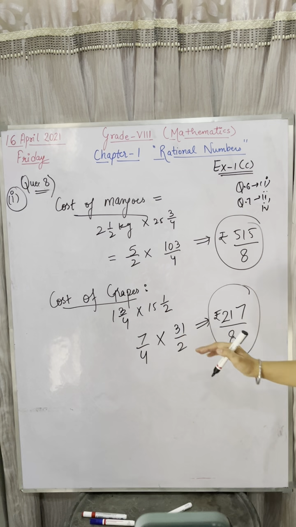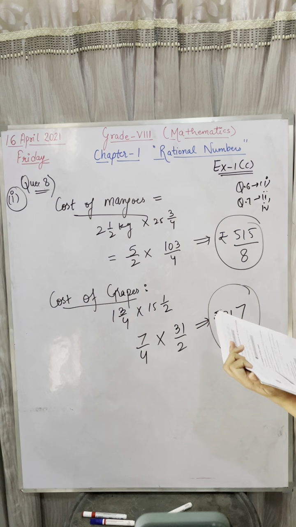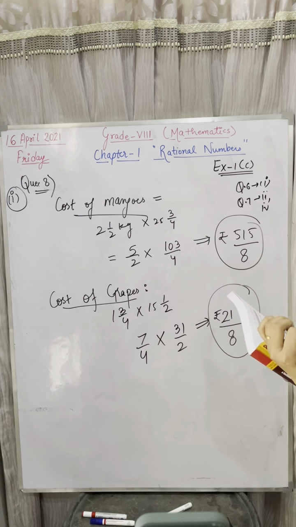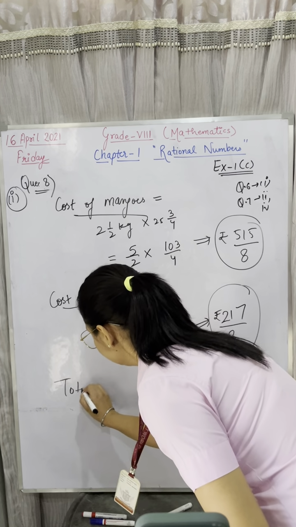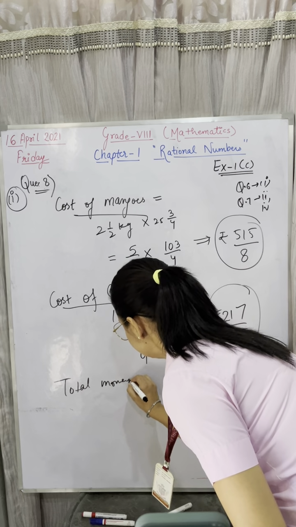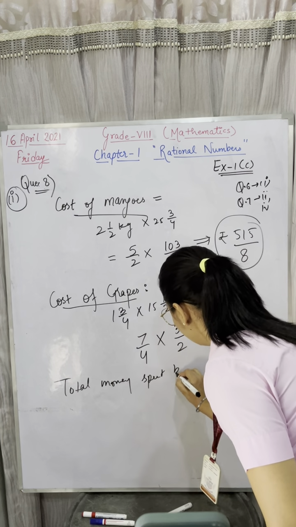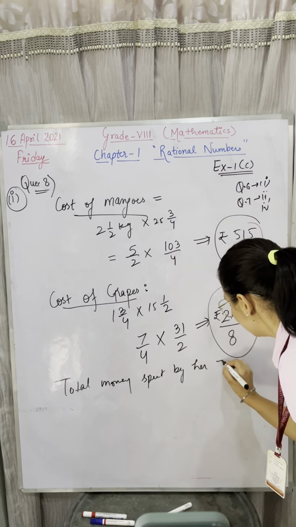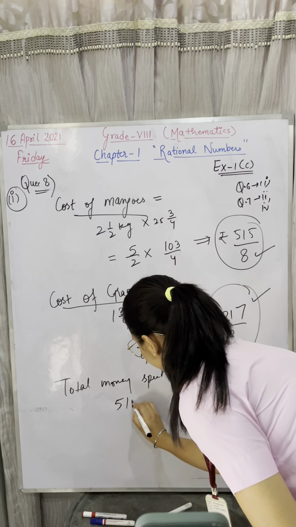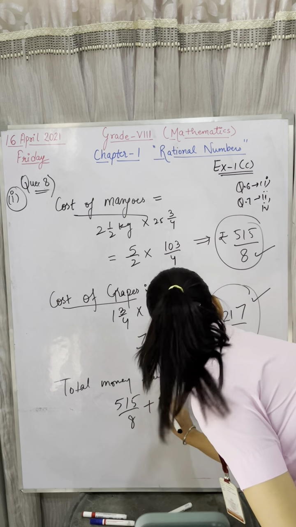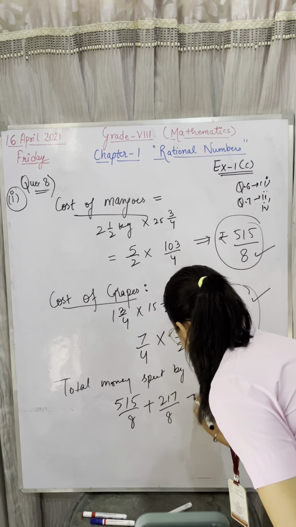Okay, now next is: how much money did she spend? So the total money spent by her is equal to, you have to add this fraction and this fraction simply. 515 divided by 8 plus 217 divided by 8.